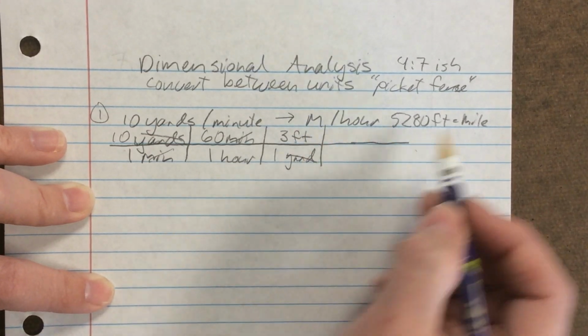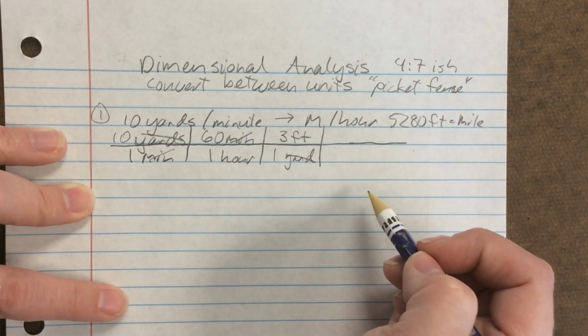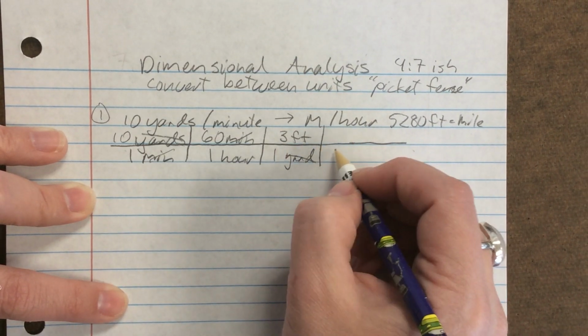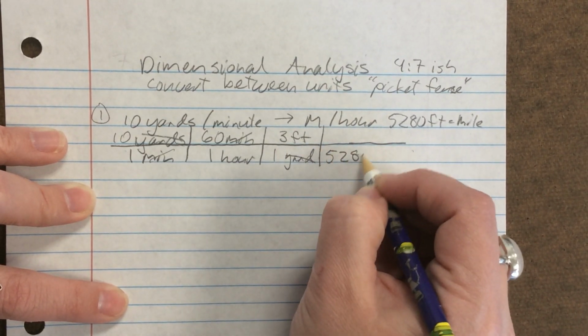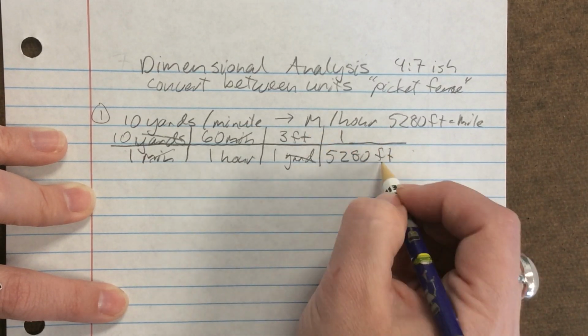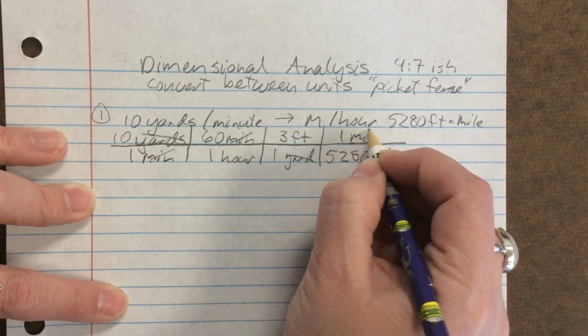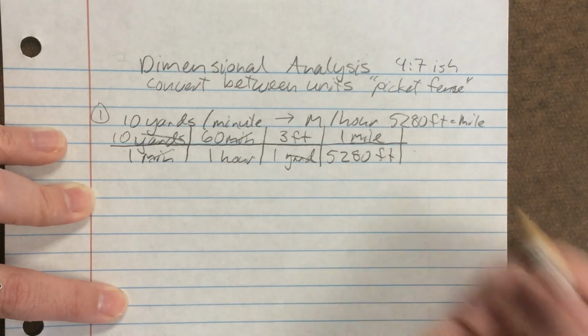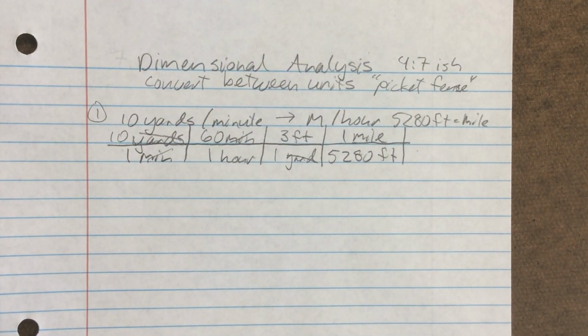And now I need to change feet to miles using this ratio. So I'm going to put 5,280 feet. Oh, and I put that down here so it'll cross out with the feet there, and 1 mile up there. Woo! That took 4 conversions, right? But we got there.